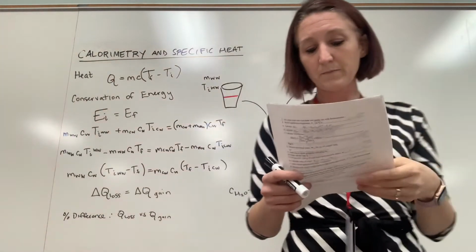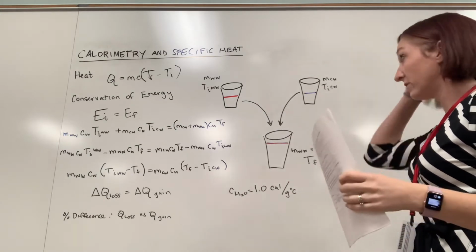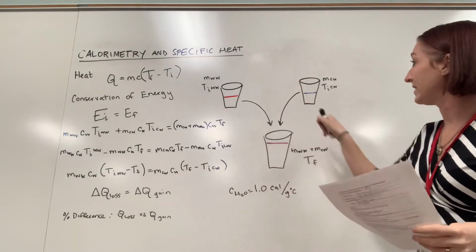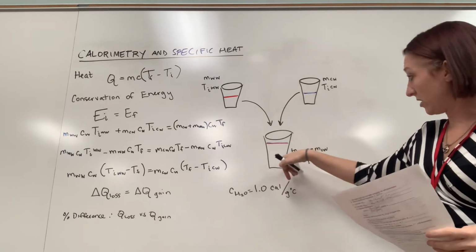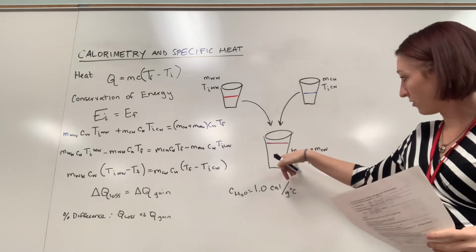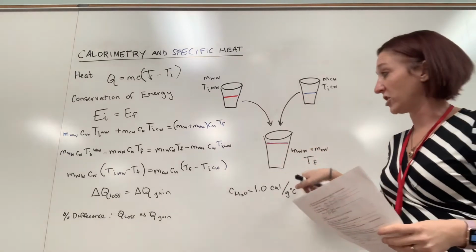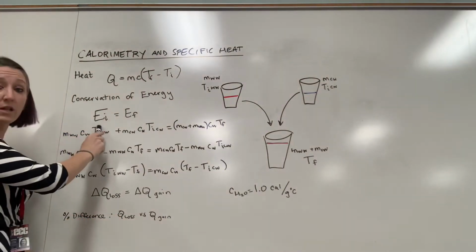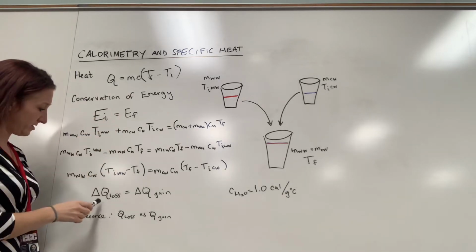So using these known masses of water of two different temperatures, we can test this theory by combining these two values together. So we're adding mass, an unknown mass of our warm water to a known mass of our cold water, checking the new temperature, and seeing if we can apply what we know about the law of conservation of energy, that our initial energy should equal our final energy.